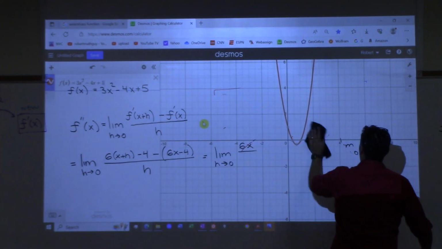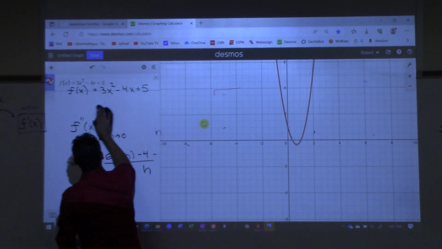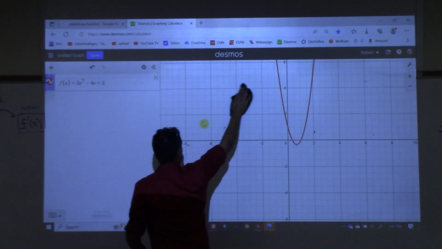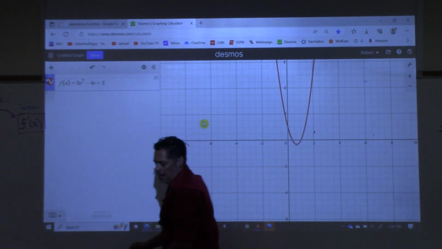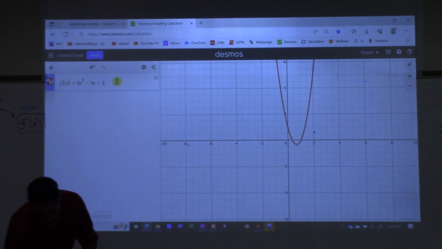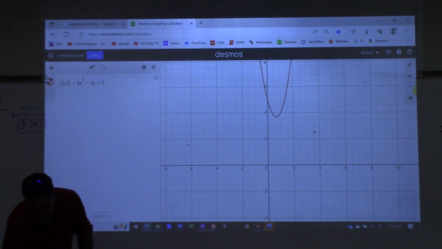What kind of function is that? What does that look like to you? What type of function? Parabola, right? Quadratic function, right? And then let's check. Oh, it's plus 5. There we go. All right.